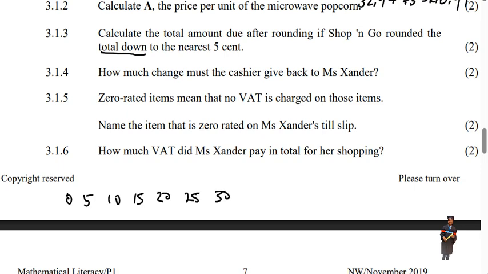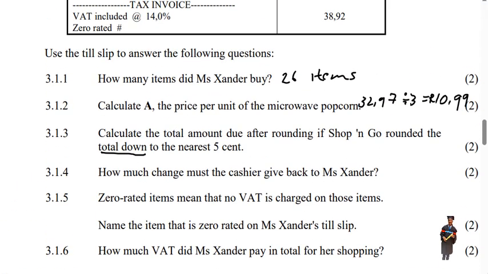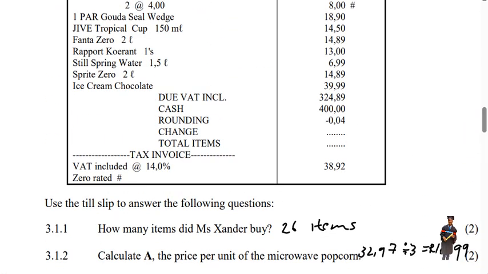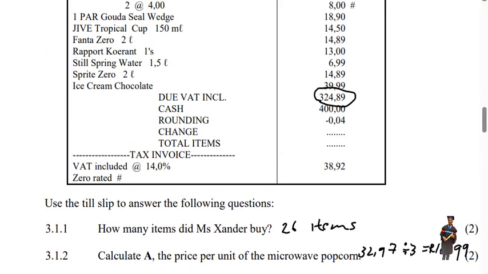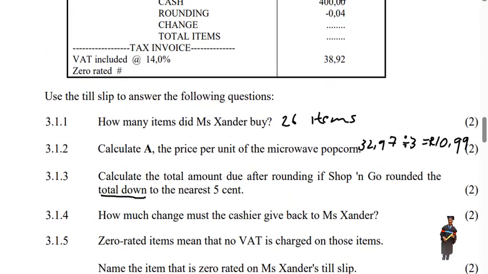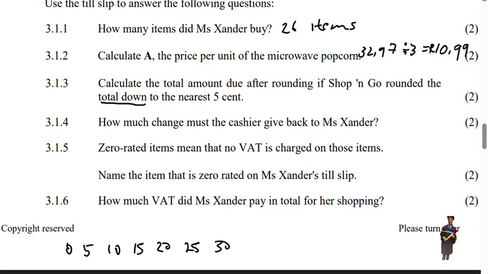This pattern goes by 5, 5, 5, 5, 5, a difference of 5. Okay, now let's see the total cost. What is the total cost? The total cost is actually 324 rand 89.